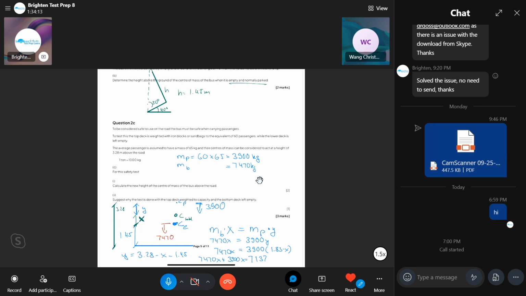Just look at the equation here, right? So what we did was we multiplied 3900 times x, so it's minus 39, but I put it to the other side, right? So I have all the x's on one side, which leaves me with the 39 times 1.83, which is 7137. Now, of course, I can add up the x's and then divide the 7137 by whatever the 39 plus the 7470 is.